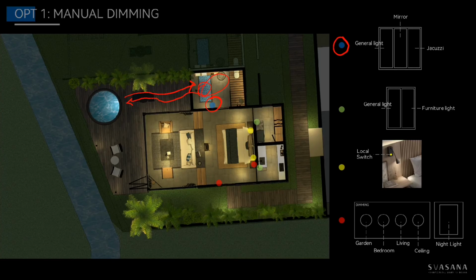So what do you think about this? And then for the walk-in closet, the green one, we only use two manual switches: general lighting and furniture lighting. And then the third one is for the reading light at the bedside.